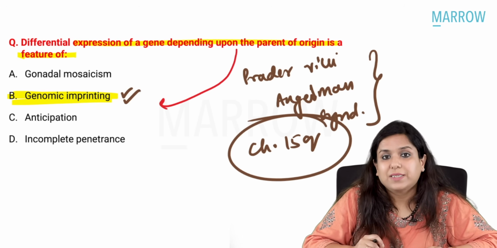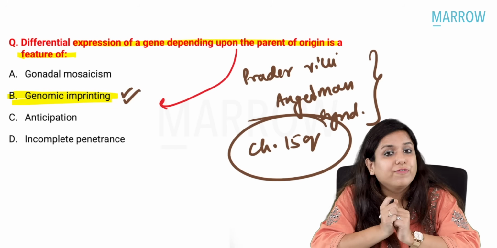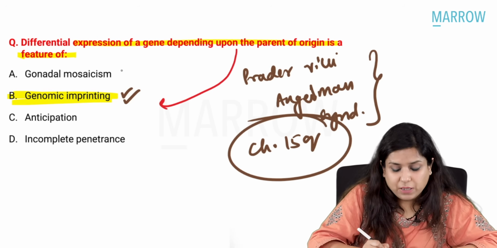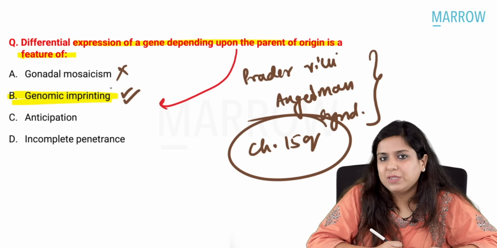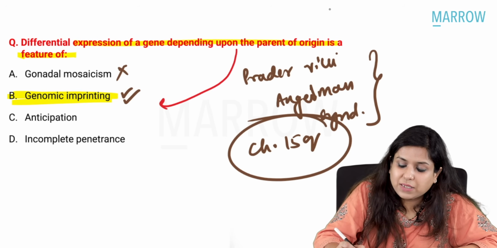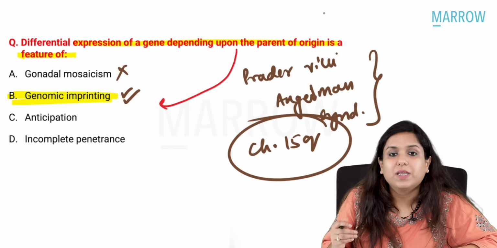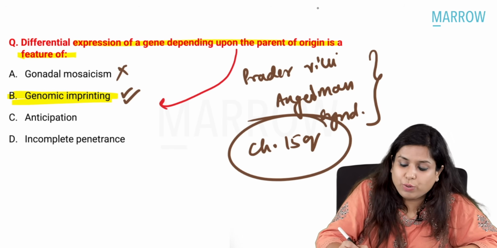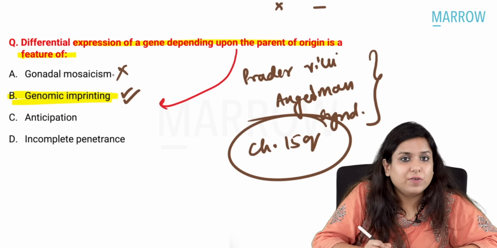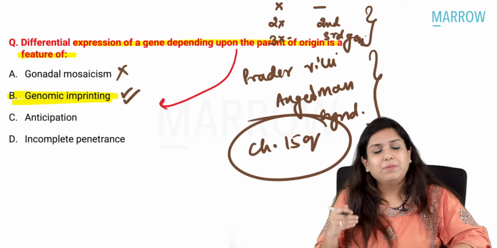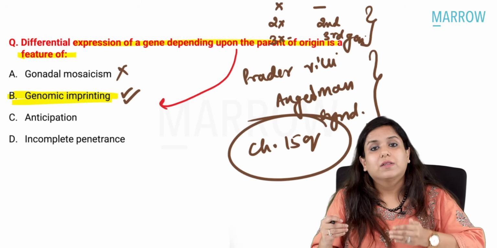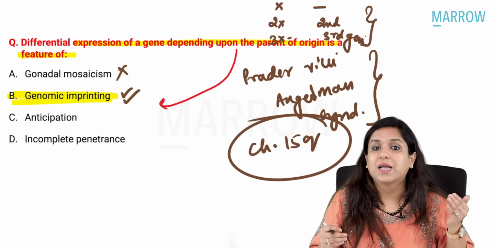One is gonadal mosaicism. Mosaic is basically formed by the fusion, so it is basically post-zygotic fusion, that is not there. Anticipation. What is anticipation, students? The severity of disease increases with each progressive generation. So if the disease severity was X in the first generation, it is 2X in the second generation, 3X in the third generation, and so on. That is called anticipation.